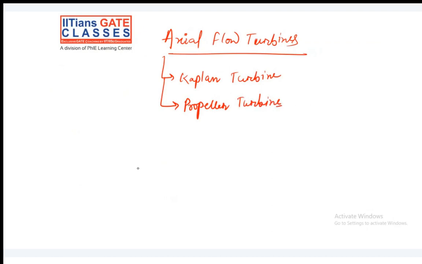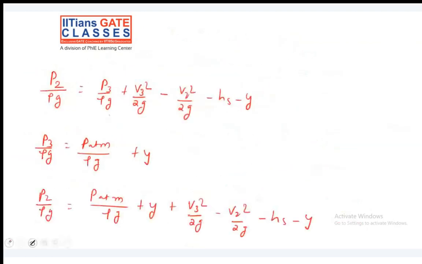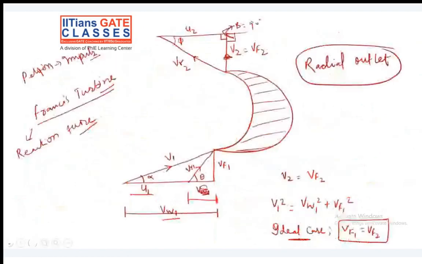So in the Kaplan turbine, except for the runner position, other things are the same. In the Francis turbine, or radial flow turbine, we saw that the flow entered radially and exited.